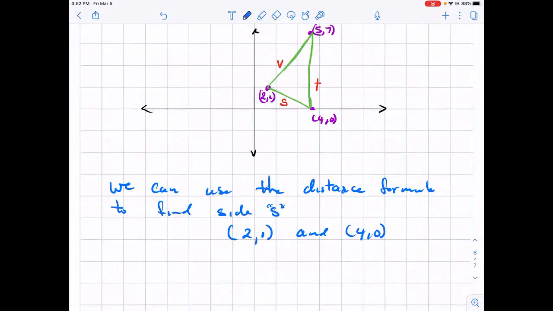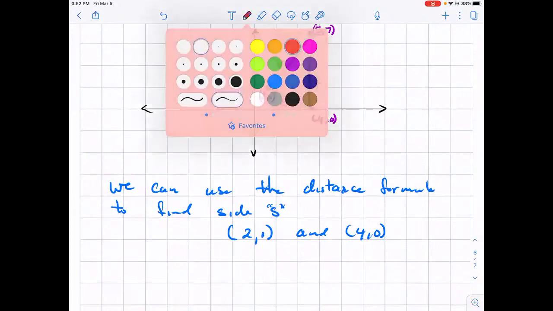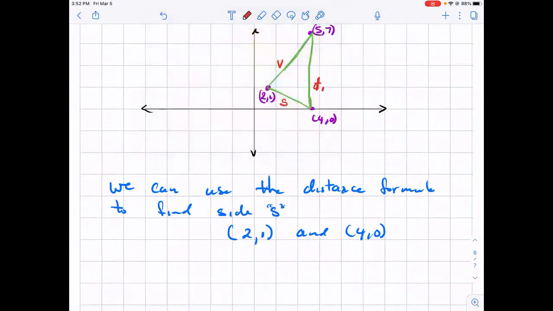So we could have called this, if we wanted, D1, D2, and D3.